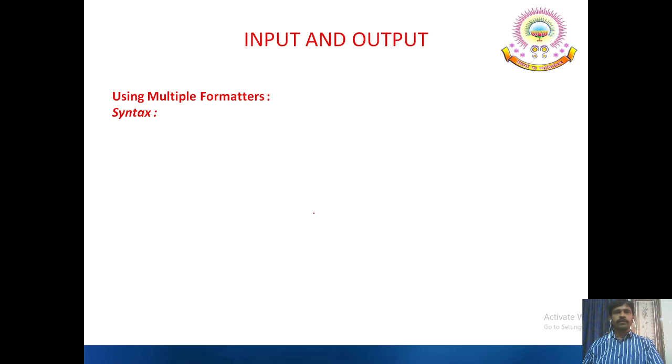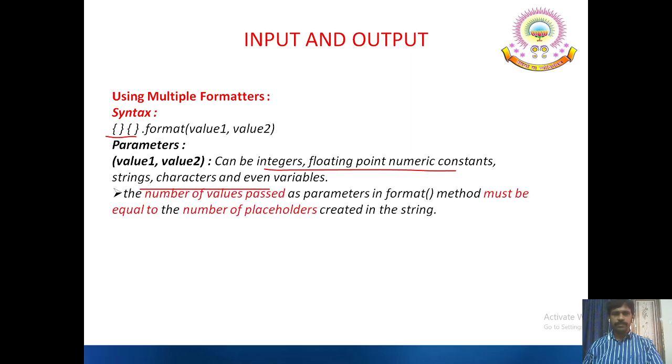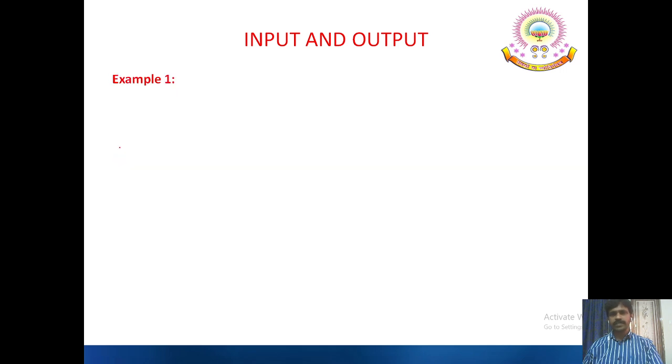Braces. Multiple formatters. More than one value can be displayed at a time. Of course, just now we have seen this multiple formatter. So value 1, value 2 can be integers, floating point, numeric constants, strings, characters, and even variables. The number of values passed as parameters in the format method must match the placeholders, that is the braces.